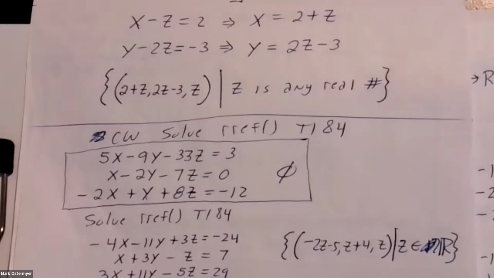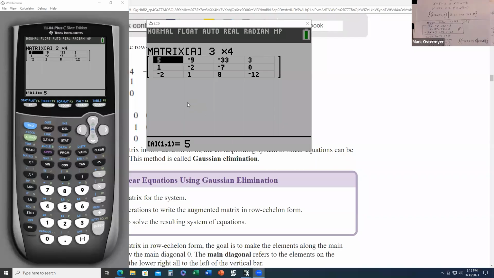So I'm going to do it too here, and we'll compare our outputs here. You can see that I entered the system into my calculator as a 3x4 augmented matrix, and now I'm about to solve it.